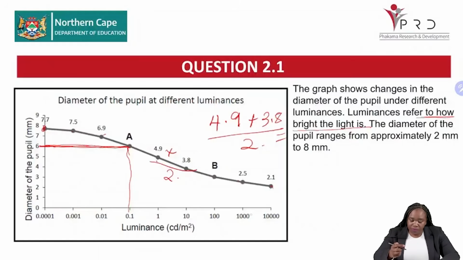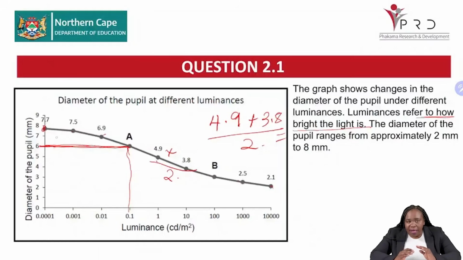So here we can see that as the luminescence increases, there is a decrease in the diameter of the pupil. So that is the relationship that you would give: as luminescence increases, the diameter of the pupil decreases.